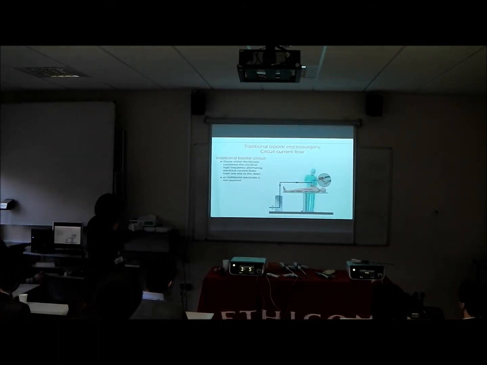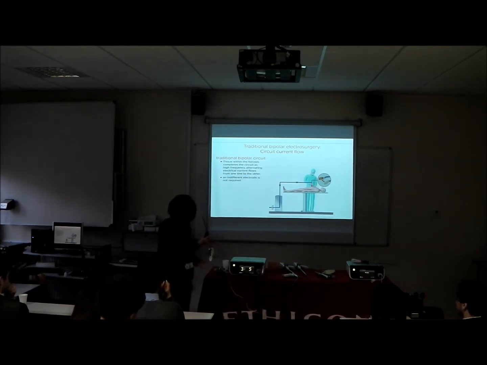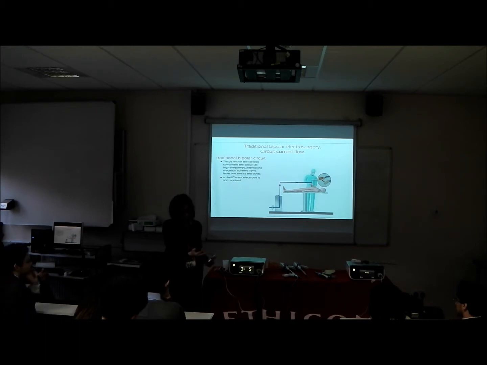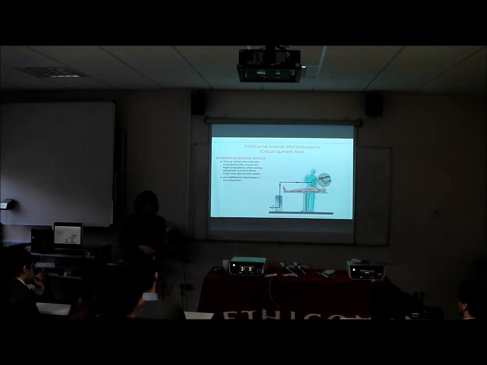Again you have a generator and current flowing into the circuit, but in the bipolar circuit, the current flows through one tip of the equipment, through whatever you've got between the two ends of the grasper, and then back. So the whole patient does not form part of the circuit, and that is considered to be safer.